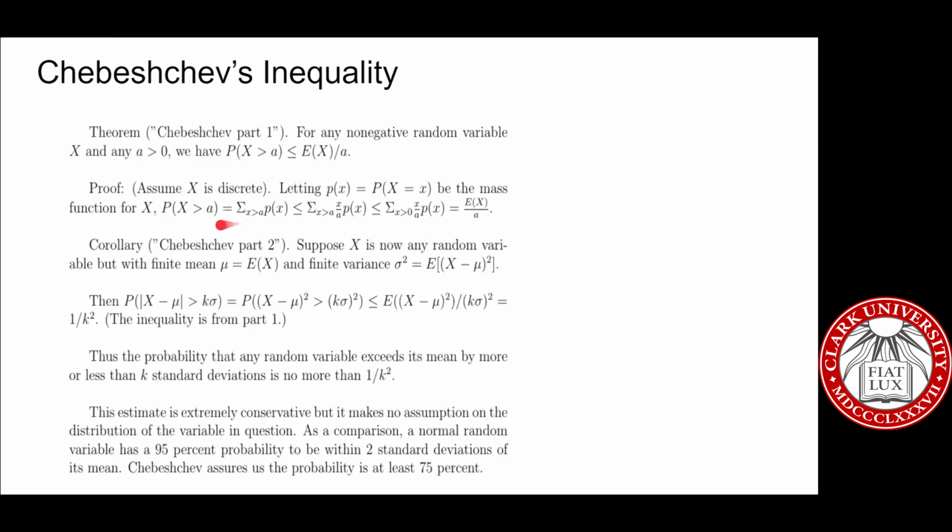So the probability X is greater than A, I sum the mass function starting from A. That must be less than or equal to the factor X over A times the mass function over the same set. Why can I multiply inside here by X over A and get this inequality?